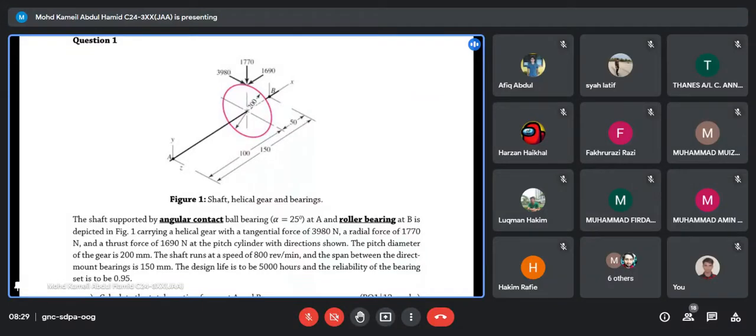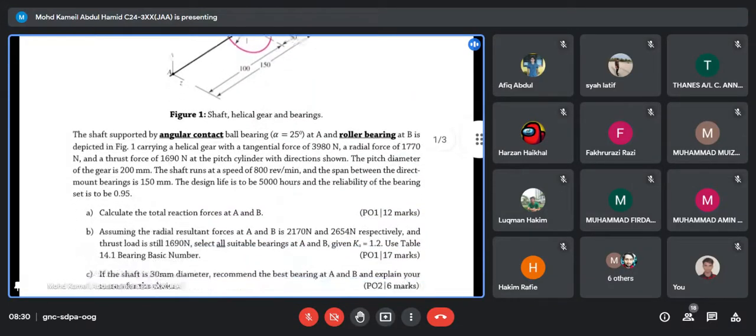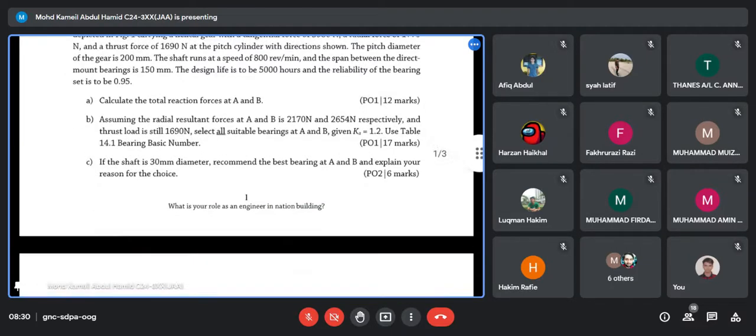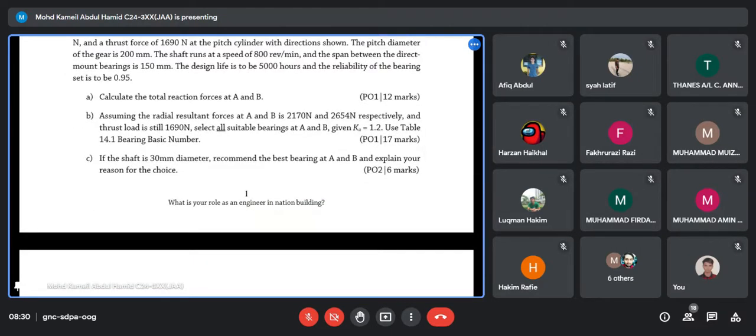Minta Firdaus dengan Syah tadi untuk A. Kemudian B ni minta Afiq Abdul dengan siapa volunteer? Nak try. Saya tengok markah.